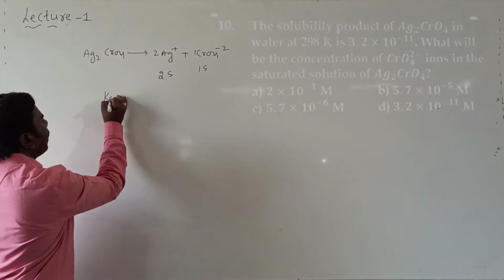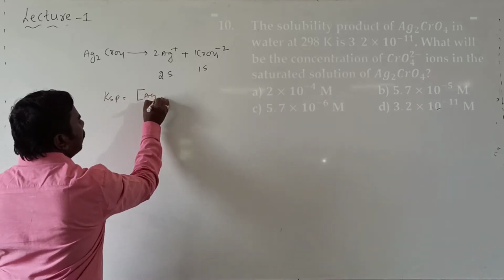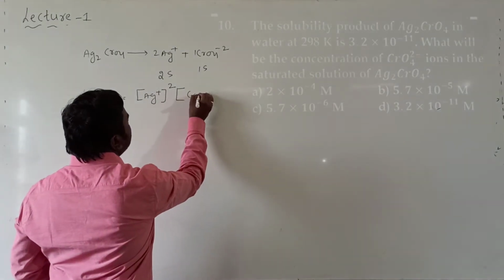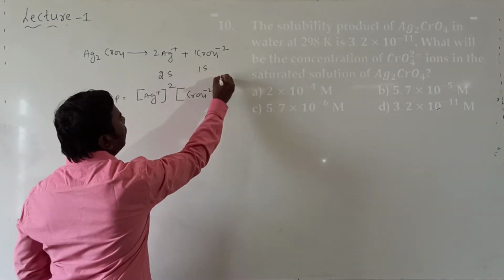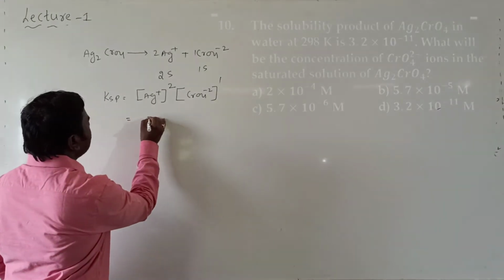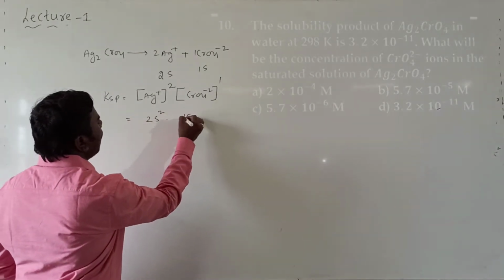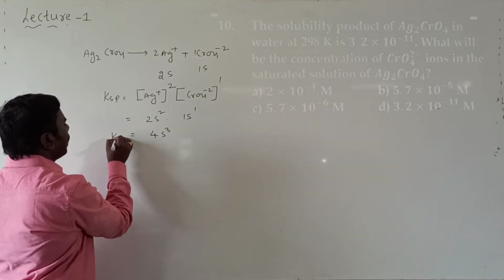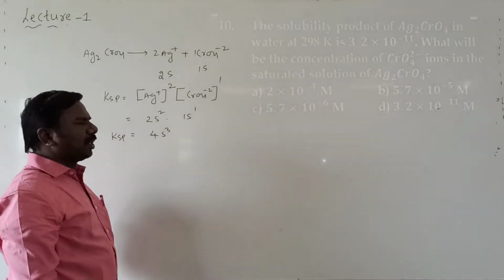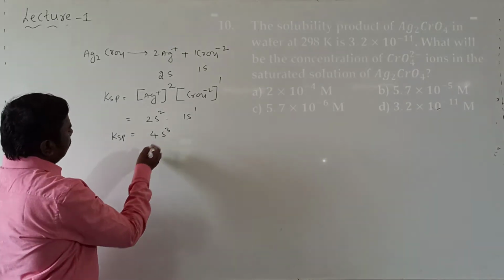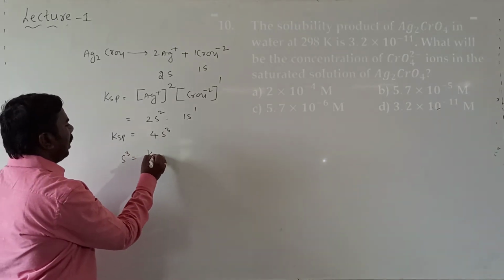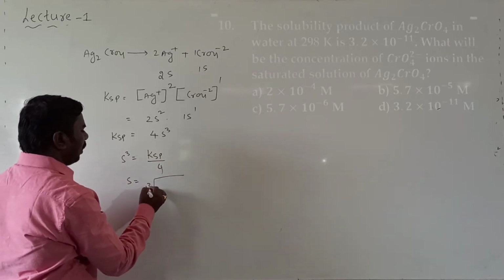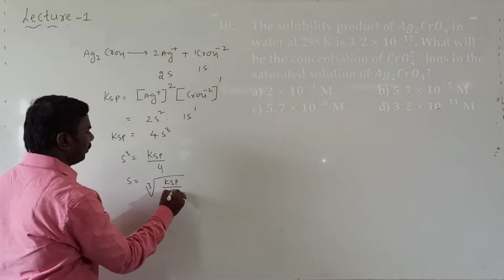Solubility product Ksp equals concentration of Ag, coefficient 2, into concentration of CrO4 2-, coefficient 1. Then it is (2s) squared into 1s, which is 4s cube. Ksp equals 4s cube, so s cube equals Ksp by 4. Then s equals the cube root of Ksp by 4.